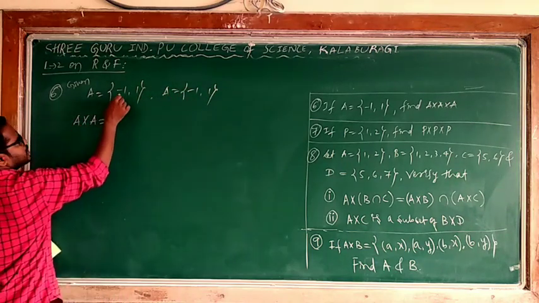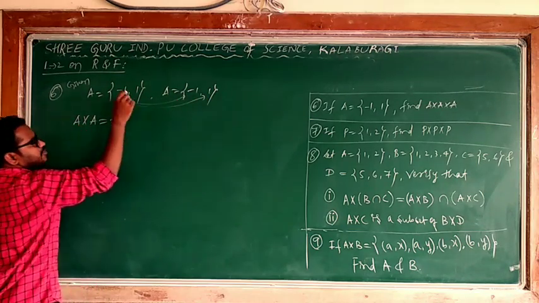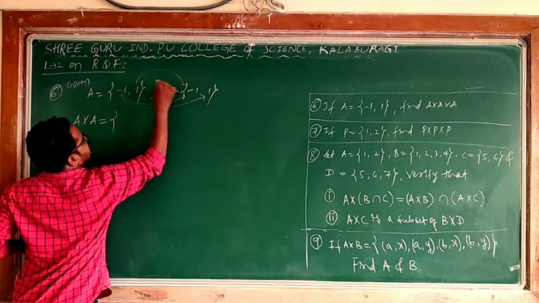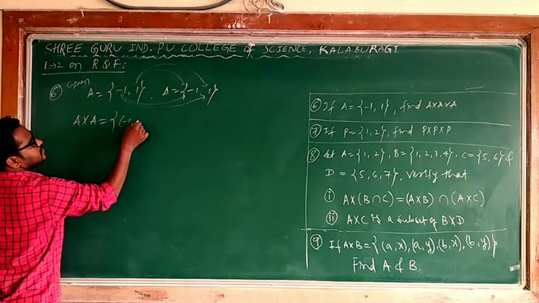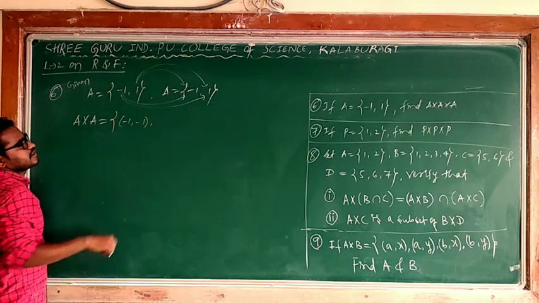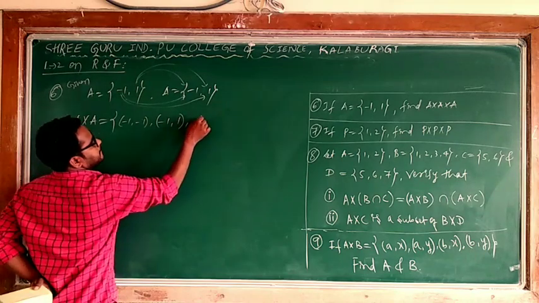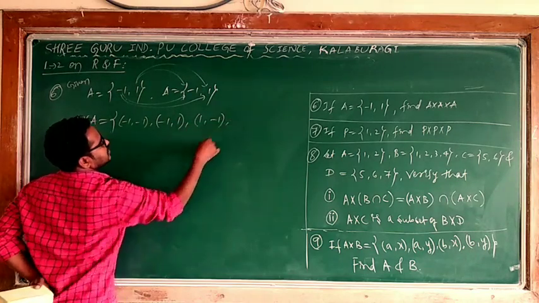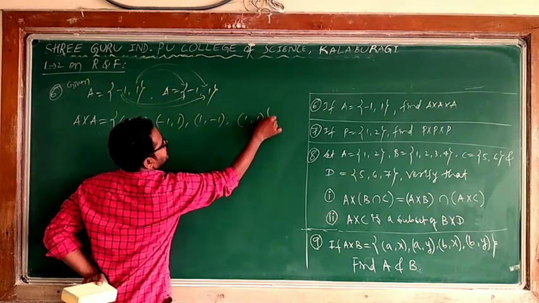What are the possible pairs? -1 with -1, -1 with +1, then +1 with -1, +1 with +1. So (-1, -1) is the first ordered pair, (-1, +1) the second, (+1, -1) the third, and (+1, +1) the fourth.